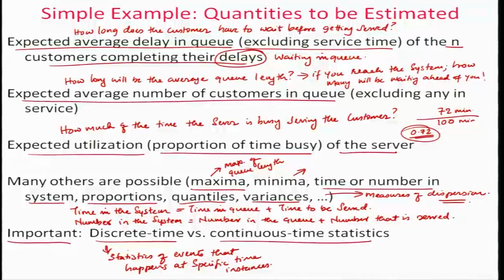That happens in discrete time, whereas a continuous time statistic, for example, is the time for which the server is busy. That is a continuous time statistic, because whenever it is busy, the server continues to remain busy. It is not an instantaneous thing. It actually happens when the customer is being served by the server.